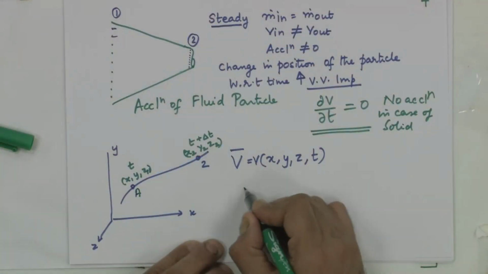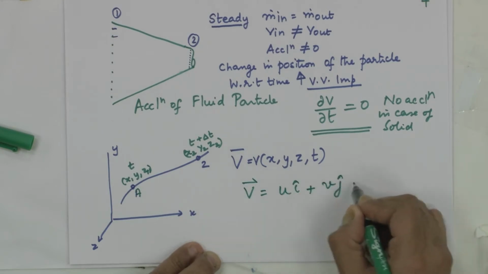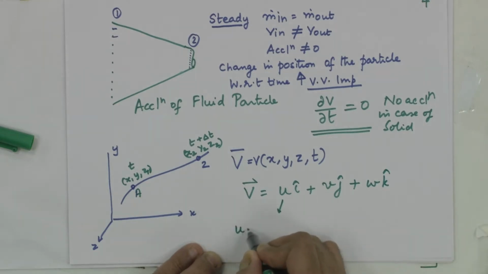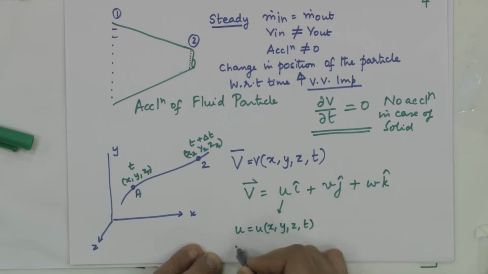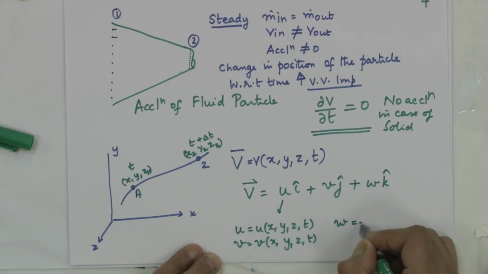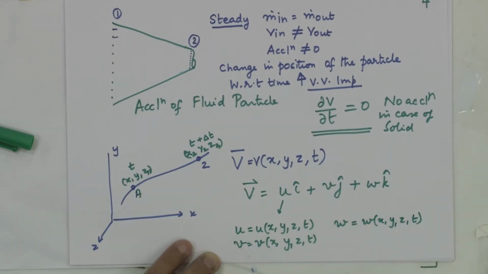So, if we are talking of point 1 or point A, V in general is ui plus vj plus wk. Each of these, u, v and w, is a function of x, y, z and t, isn't it? So, it is a 3-dimensional unsteady field.